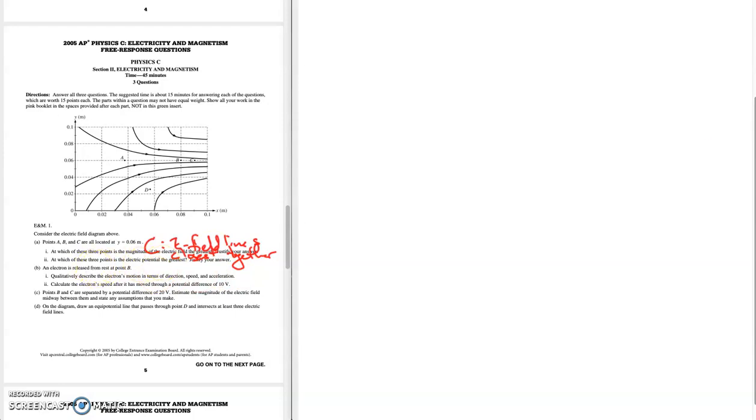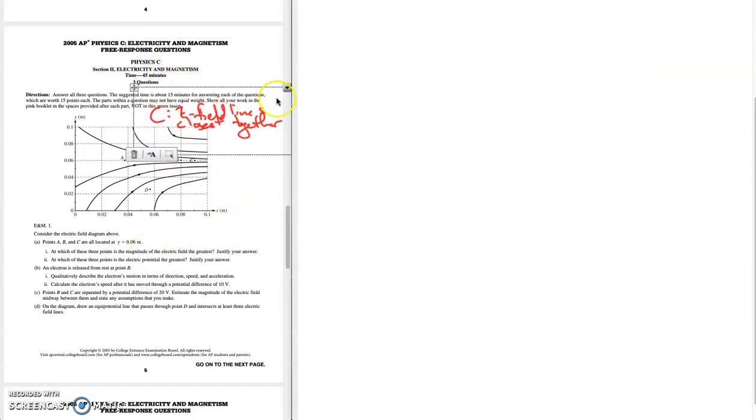Okay, now where is the electric potential greatest? Also keep in mind that the field lines tell you that you're moving from high electric potential to lower electric potential.